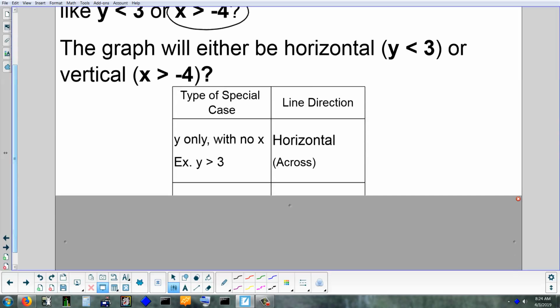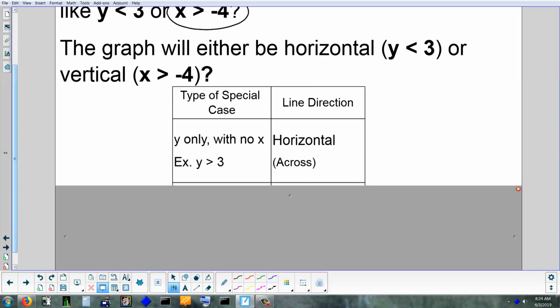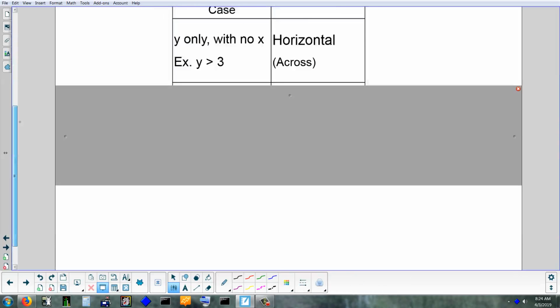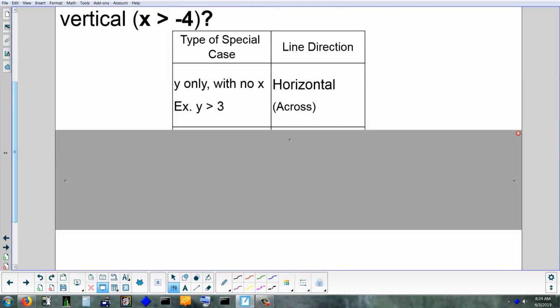So I think you guys already have this in your notes. We talked about horizontal. Which way would you shade here? Y is greater than 3? That's not a vertical. You don't have a left and a right when it's horizontal. Shade above.